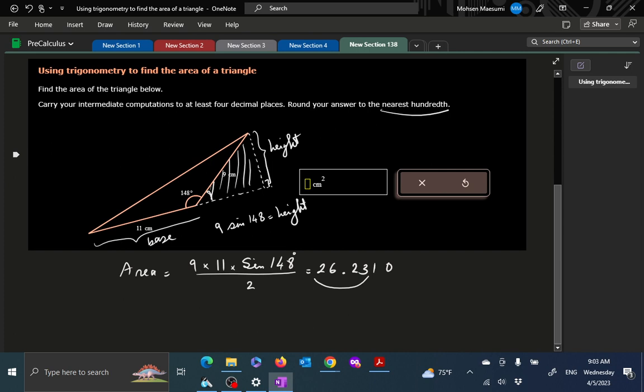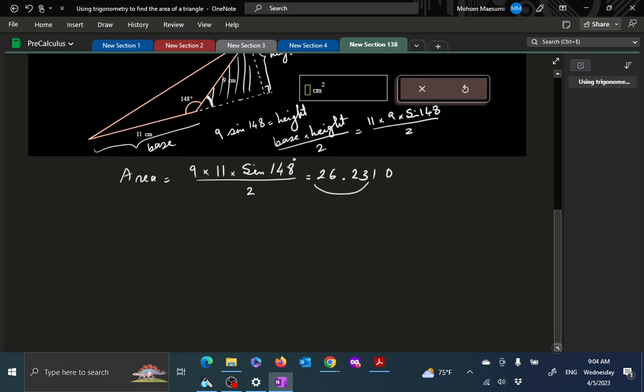So in this triangle, hypotenuse times sine of the angle, and the sine of this one and this bigger one are the same by properties of the sine. So 9 times sine of 148 is the height. Base times height. So if you want to write base times height divided by 2, base is 11, height is 9 times sine of 148, and then divided by 2, which is exactly what we are doing.